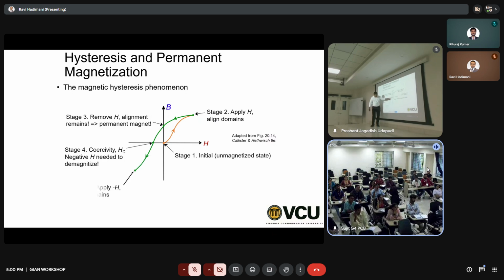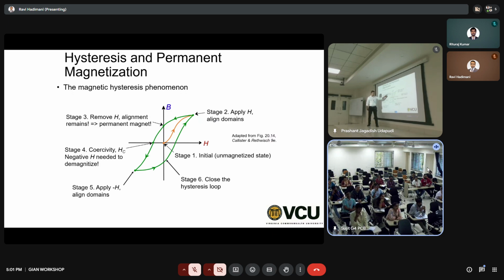If you go further into the negative field, the magnetization increases in the negative direction. Now you remove the negative field and go back, and so on. This is called the hysteresis loop. This is the remanence magnetization or remanence B, and this is the coercivity or coercive field.